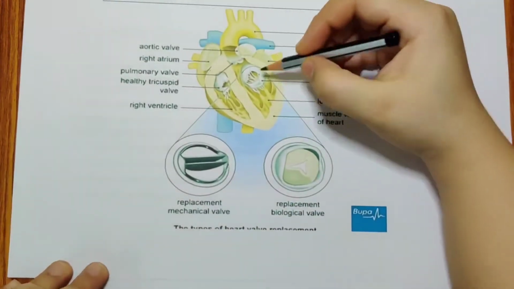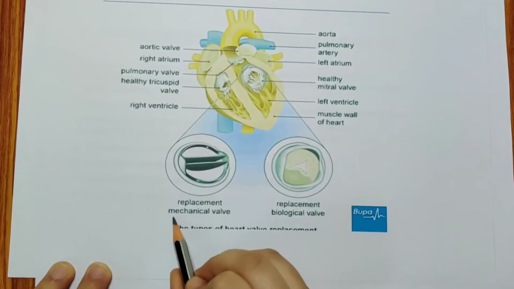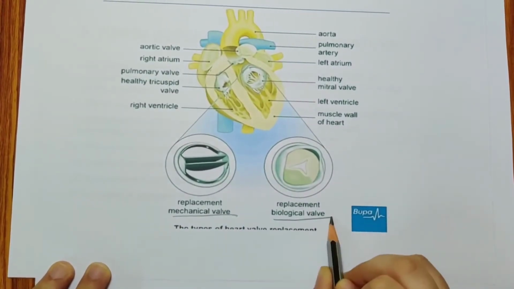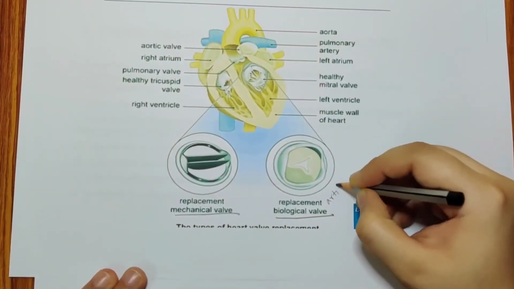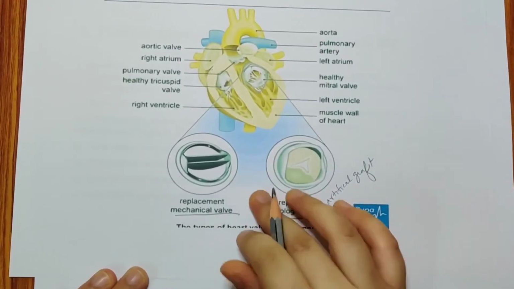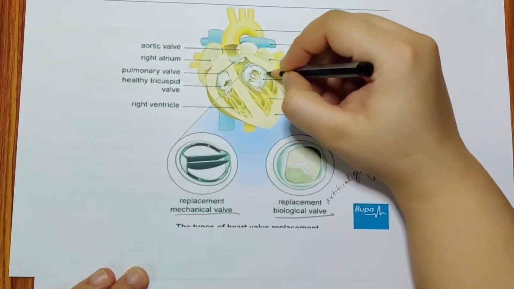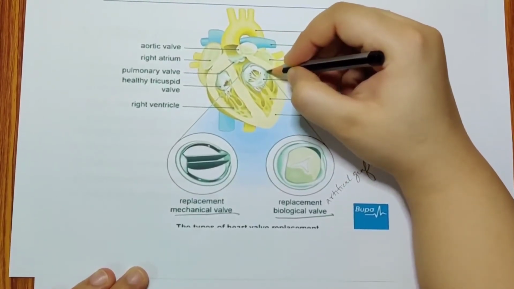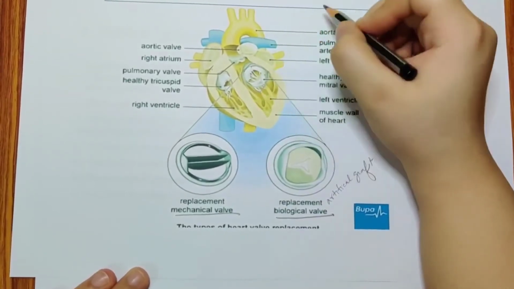Here a particular valve was not working, so they have replaced the valve with a mechanical valve or a biological valve. So these are your artificial grafts. When we put either of these in the valve which was not working, this helps the heart to pump and function again.